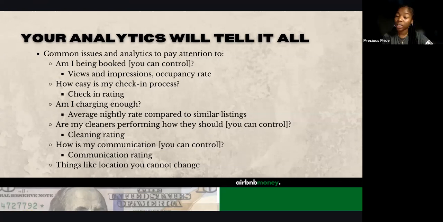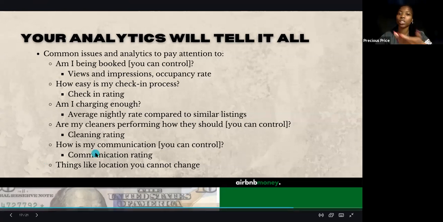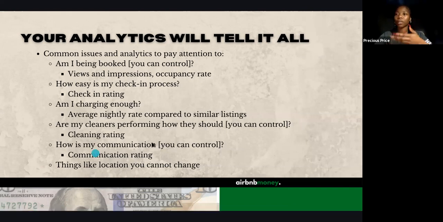Looking at communication, again, one that you can control. You want to look at that rating for communication. And then of course, just your location. This is something that you cannot change. Once you are in the unit, you're not going to be able to change where you're at. So of course you can look at how people are rating you on that location. And the only thing that you can do from that point is just better preparing them to know what they can expect upon their arrival.